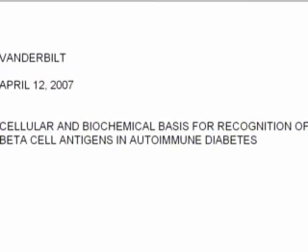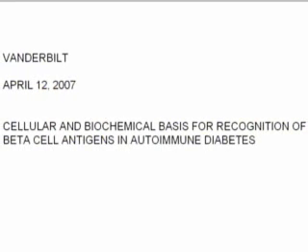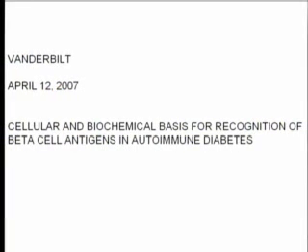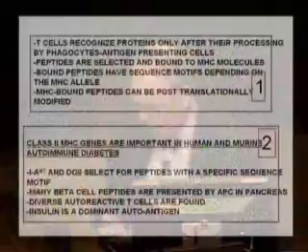I've been interested for many years in the biochemistry and cellular basis of antigenicity, a field that has changed dramatically in the last two and a half decades. And it's on one aspect of this that I'm going to be talking about today.